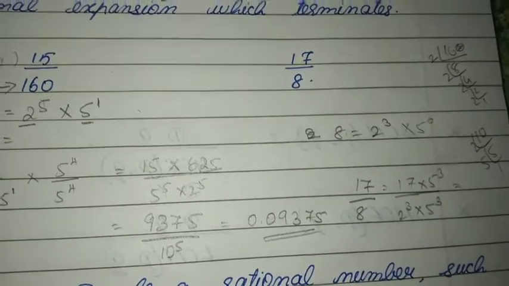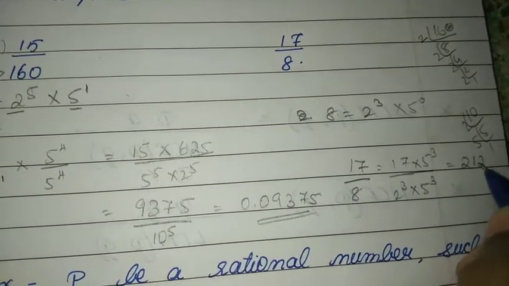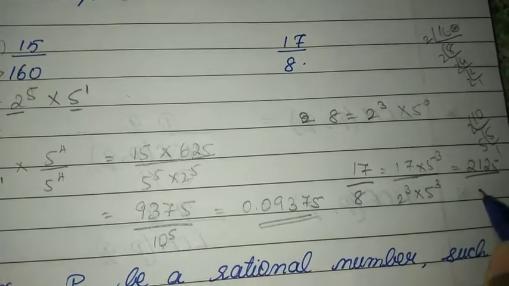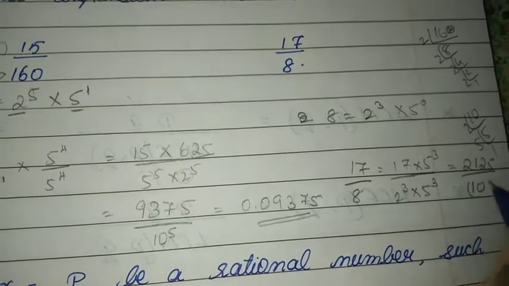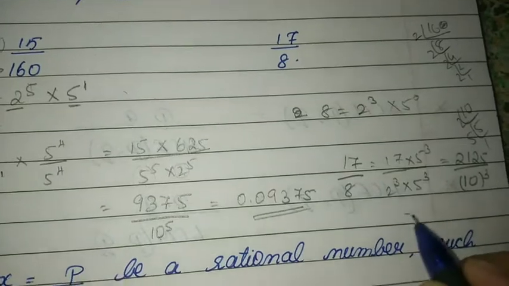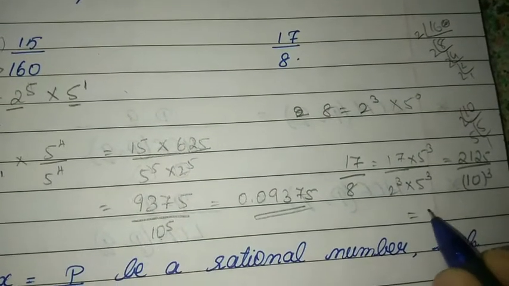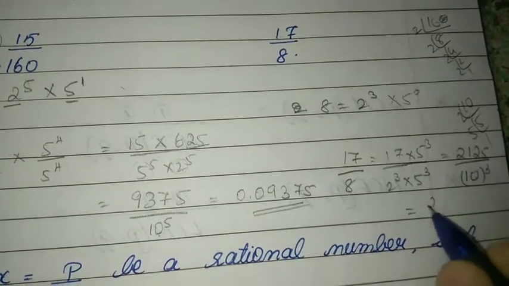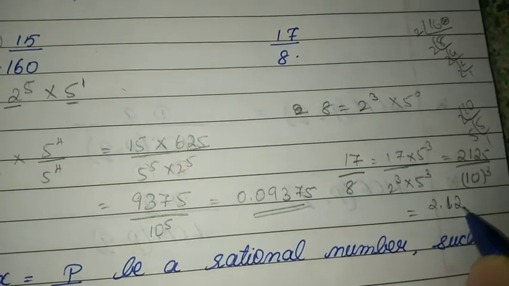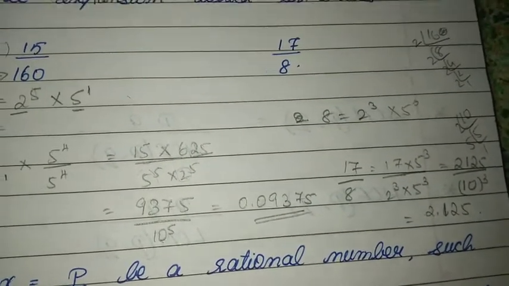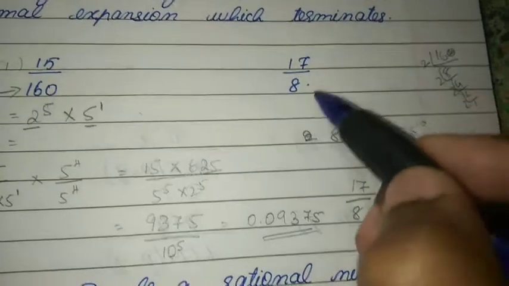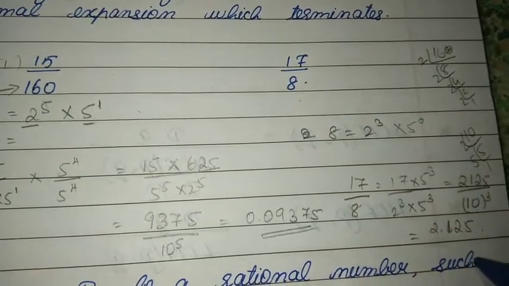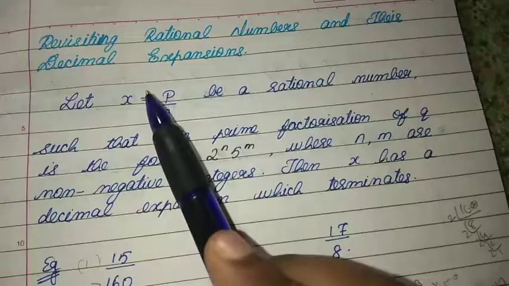So I will have 2125 divided by 10 cube. So I will have 3 decimal places, so 2.125. Even if you do it in the direct division method, you will have the same answer.